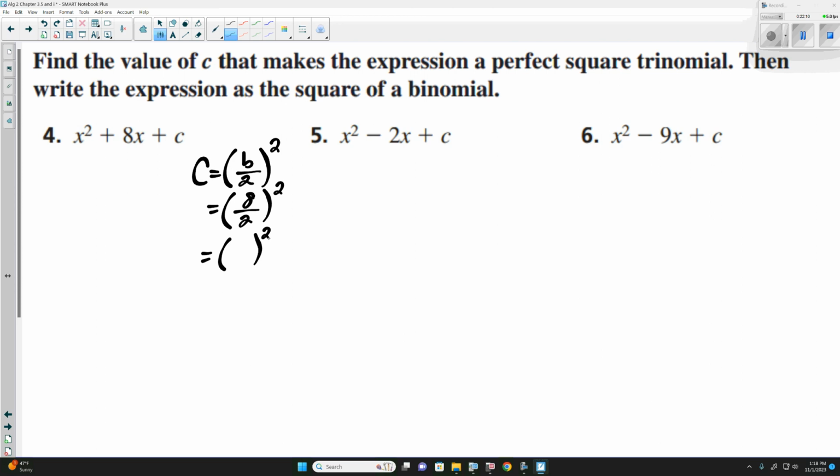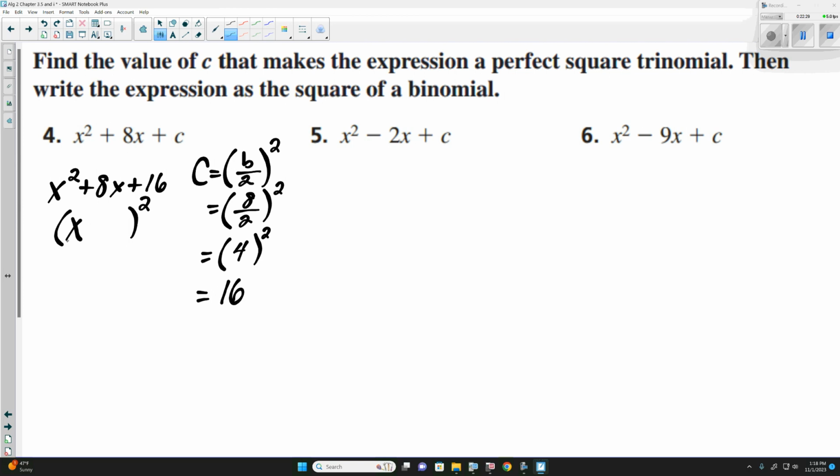And doing 8 divided by 2, 4, and then squaring it, for the most part, isn't too bad. So that tells us the perfect square trinomial for this is x squared plus 8x plus 16.